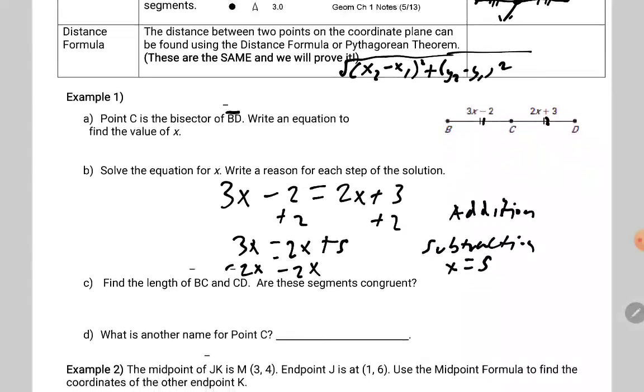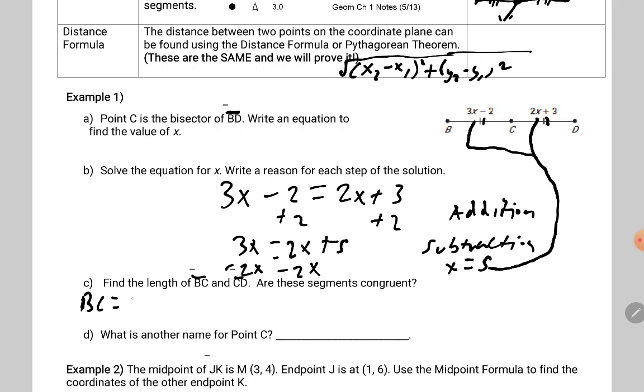Okay, find the lengths of segment BC and CD. Are these segments congruent? So I know what x is equal to now, and I'm going to plug it back into our equations here. Let's see what we get. So for BC, when we're looking for length, we don't put the bar above.